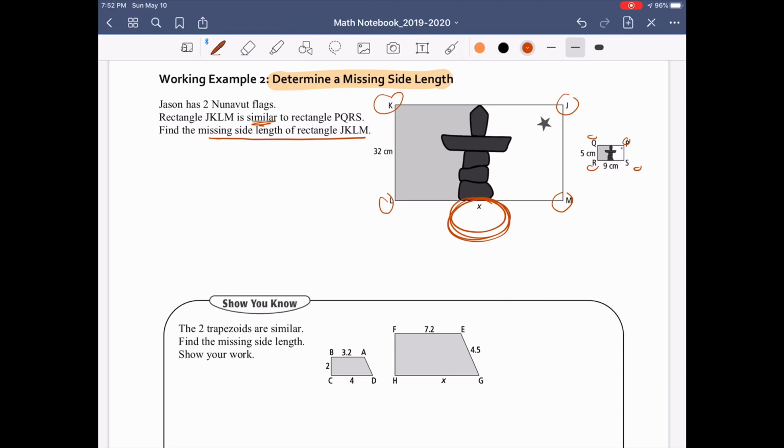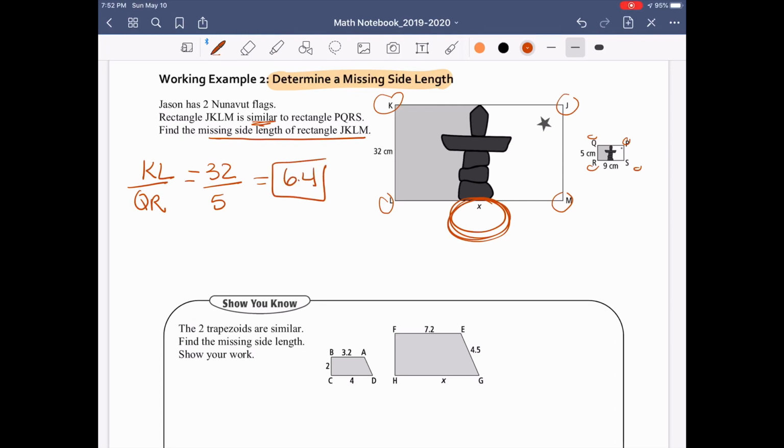So what you have to do to find the missing side length is find 2 sides that you do have in order to find the proportion, or the scale factor. So I'm going to say that side KL is proportional to side QR. And KL is 32, QR is 5. If I divide them, I get 6.4 as the ratio.